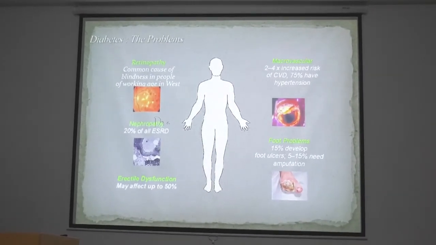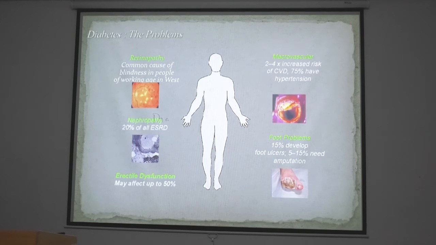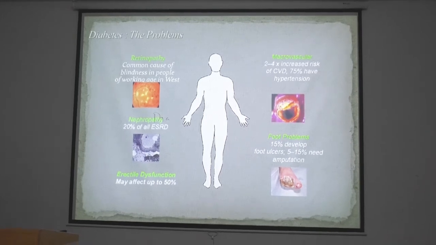Now we see the problem. We'll pick other related ones. Now the problem is retinopathy, a common cause of blindness in people of working age. Nephropathy. What is the meaning of 20% of all ESRD?